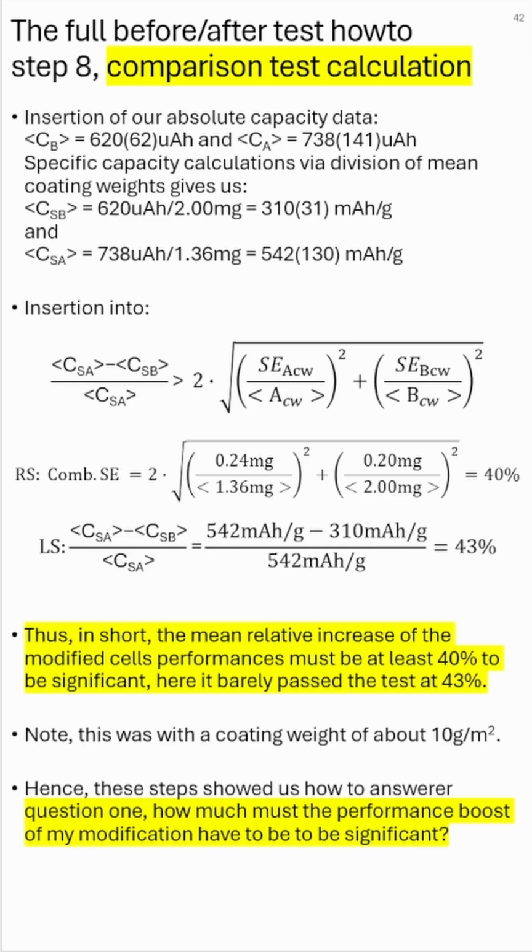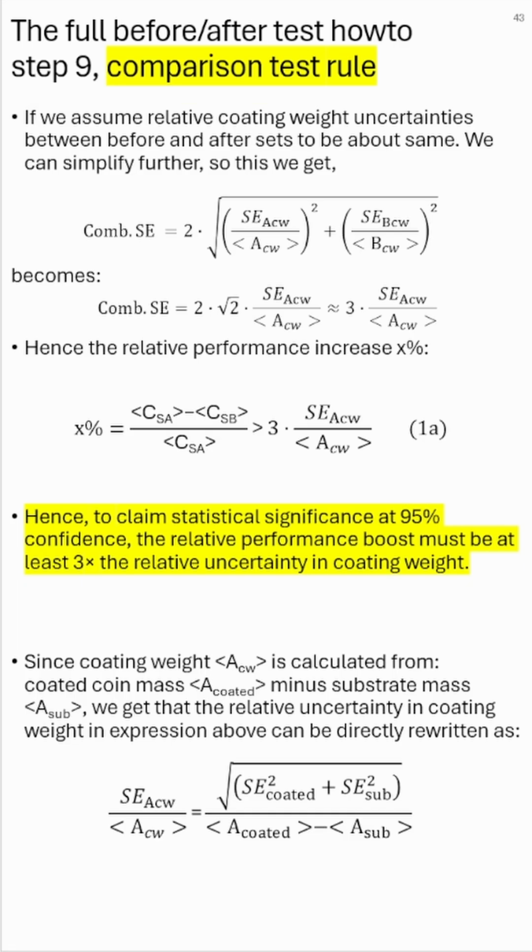So this equation we have in front of us answers that. So now we can clean that up into a general statement. The full before-after test how to step 9, the comparison test rule. So if we assume the relative coating weight uncertainties between before and after set to be about the same, then we can simplify our previous equation further.